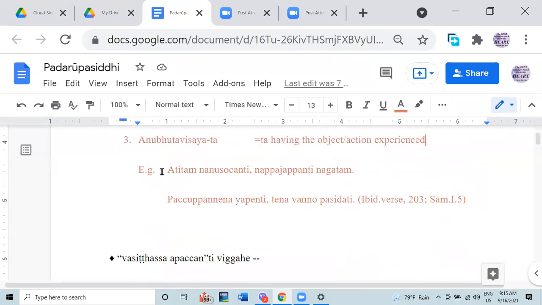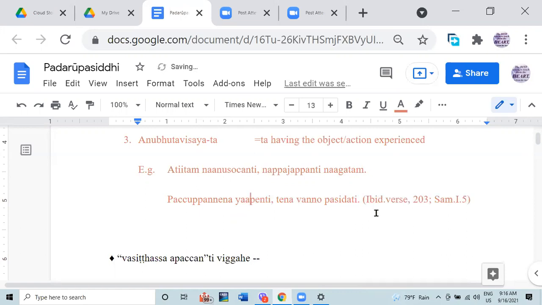For example, this example is very good. Atitam nanusocanti, nappajappanti anagatam, paccuppannena yapenti.